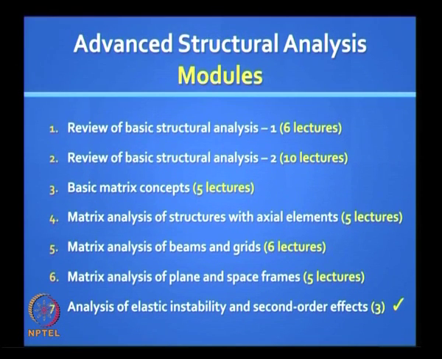So my friends, we have come to the end. This is the last technical lecture we are having. If you look carefully, what did we do in advanced structural analysis? First 2 modules we actually reviewed basic structural analysis. In the first module we looked at an introduction to what we do in structural analysis.